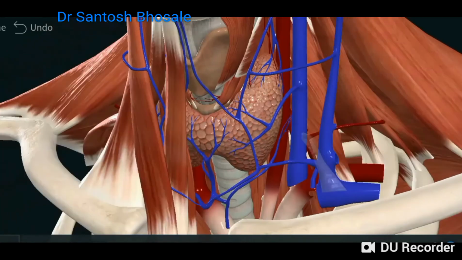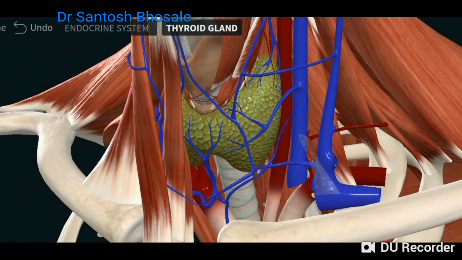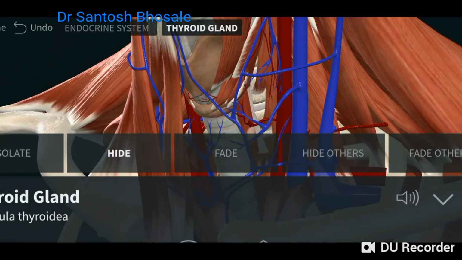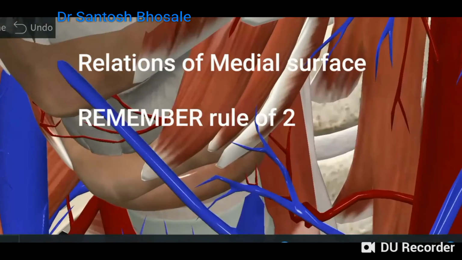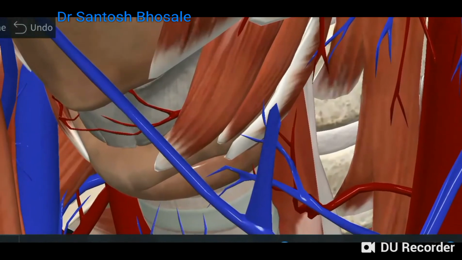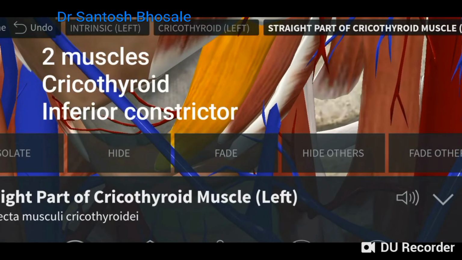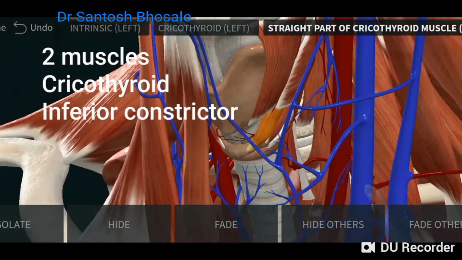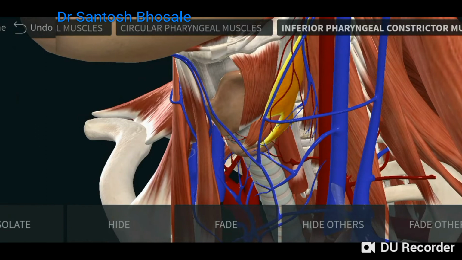And when you go to the medial surface, if you take out the gland, you will appreciate it. For the relations on the medial surface of a lateral lobe of the thyroid gland, remember the rule of 2. It is related to two cartilages, two muscles. The two muscles are cricothyroid and inferior constrictor.